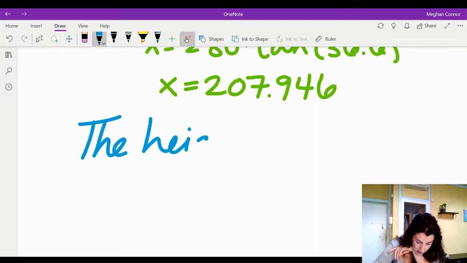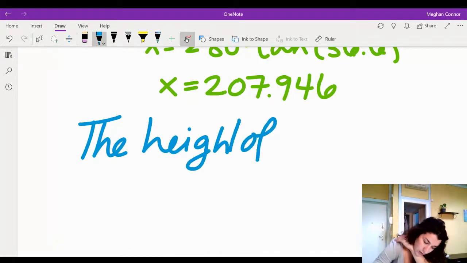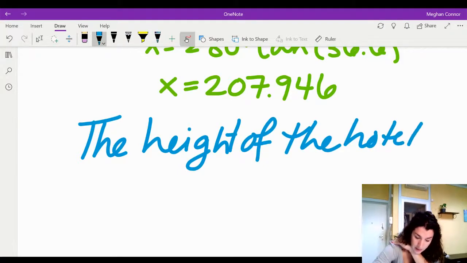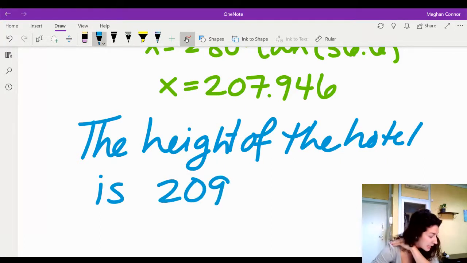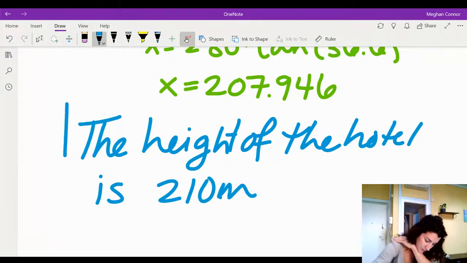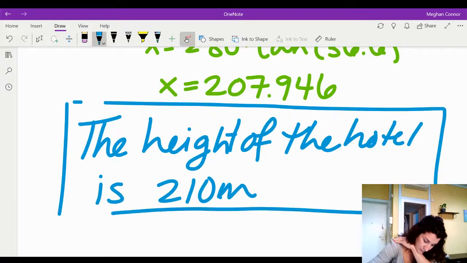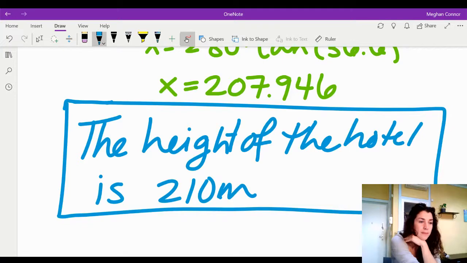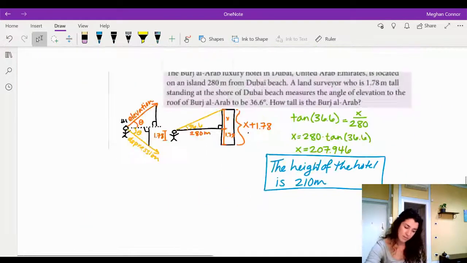The height of the hotel is 209.7. If we're doing 3 sig figs, that means it needs to be 210 meters. Done.